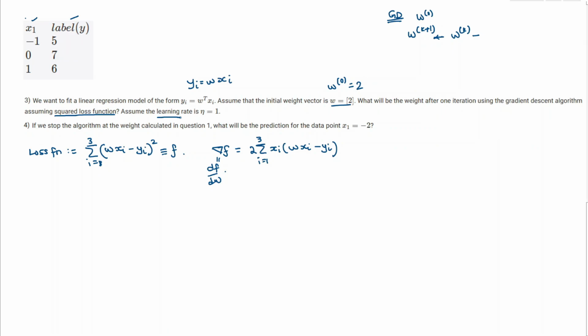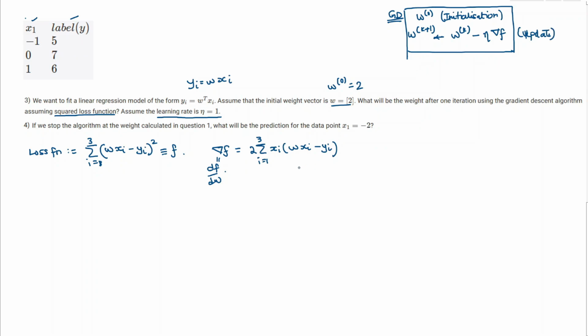It says the learning rate is eta equal to 1, so wk minus eta times the gradient of f. So this is the gradient descent algorithm, very straightforward. This is the initialization step, and then the second step is the update step, where you update the parameter w.